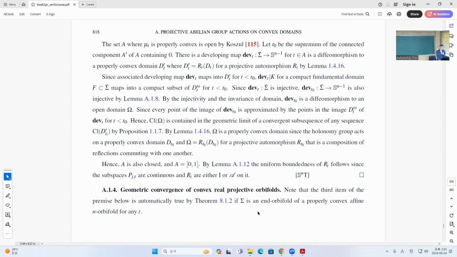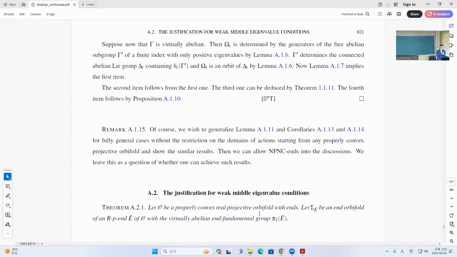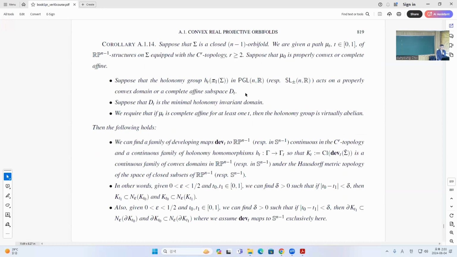And A14 is the final theorem here. So this summarizes everything: if you have a path with the cube, and it's properly convex or complete affine at mu zero, and it acts on a properly convex domain or complete affine space, it's minimal, and it's complete affine at this one t, then you assume it's virtually abelian.